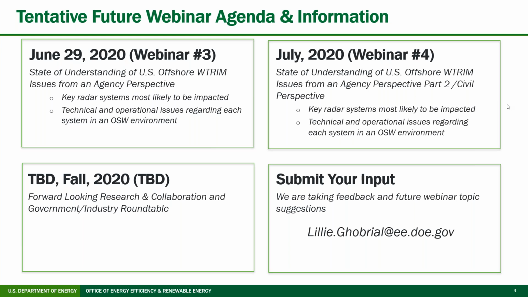And then finally in the fall sometime, we're hoping either in person, if that's possible, or on another virtual session to get into a dialogue around radar interference mitigation research and development needs, so that the federal working group can get on with funding solutions and collaborating with industry and other stakeholders to do that.